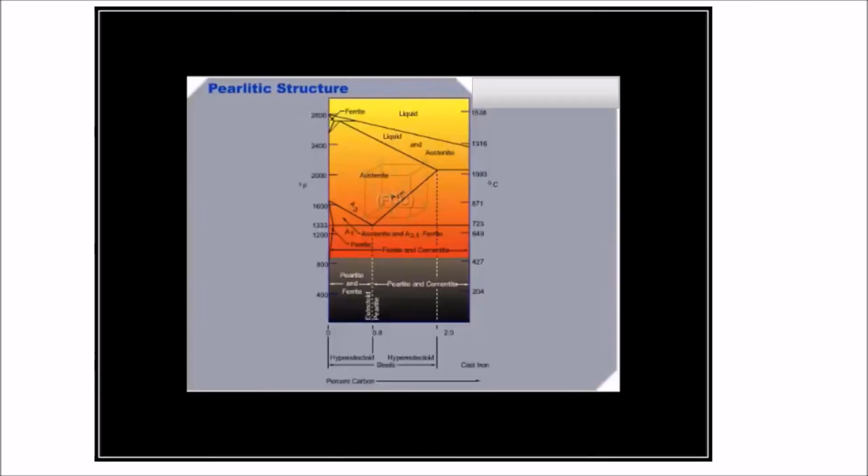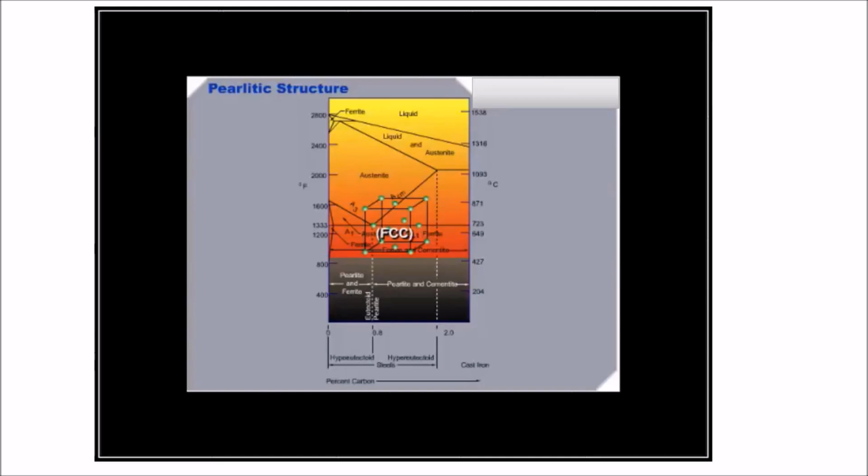With a slight increase in cooling rate, the transformation temperature is depressed somewhat, producing a finer pearlitic structure, with the lamellae more closely spaced. This structure is slightly harder than the coarse pearlite and has somewhat lower ductility.